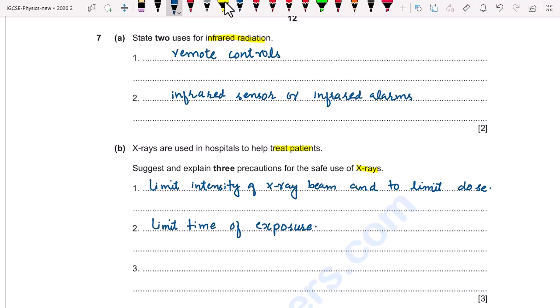And shielding of other parts of the patient, and then to absorb the radiation.